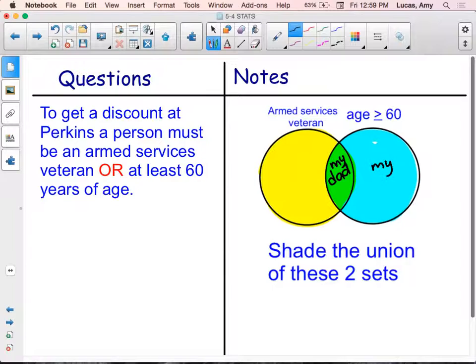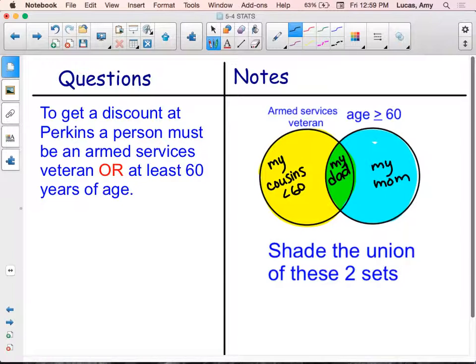My mom, though, would be over here because she meets the age requirement, but she's not a veteran. And then I've got some cousins that would be over here. My cousins are veterans, but they are certainly not 60 years old yet. So my cousins, because they are less than 60, but they're veterans. My dad is both a veteran and over 60, and then my mom, who's just over 60.